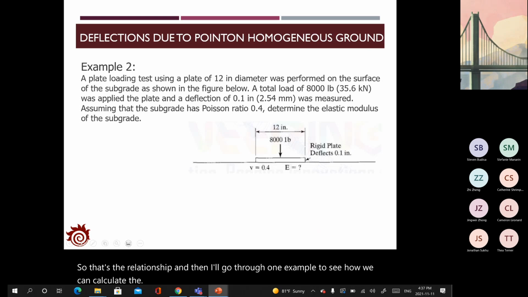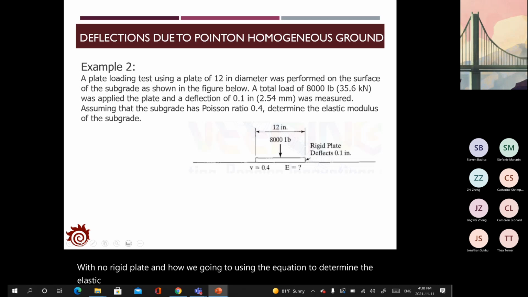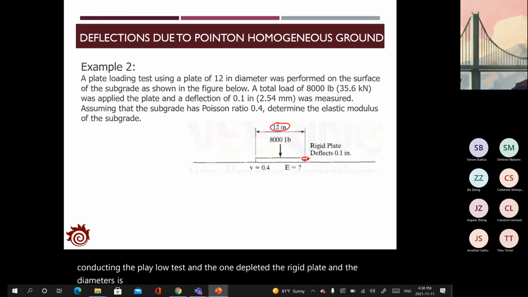Then I'll go through one example to see how we can calculate the deflections with the rigid plate, and how we're going to use the equation to determine the elastic modulus. In this problem, we assume that we are conducting a plate load test, and the plate is a rigid plate with a diameter of 12 inches.